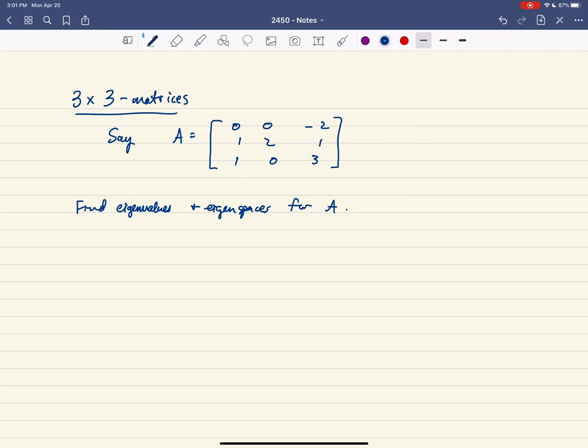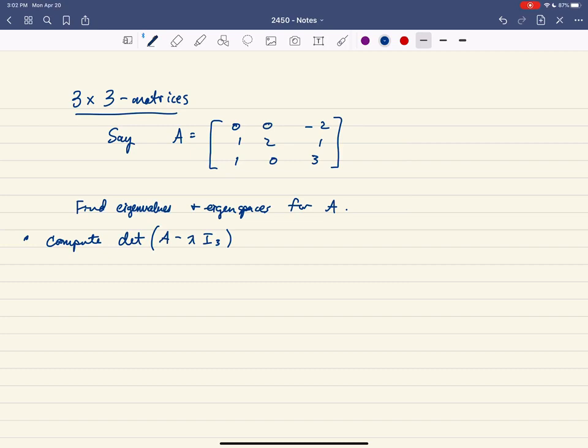So let's do this. So here's our matrix A. What we're going to do is compute the determinant of A minus lambda I. Here I is a 3 by 3 matrix. I'll probably stop writing the subscript, but it's a 3 by 3 matrix.